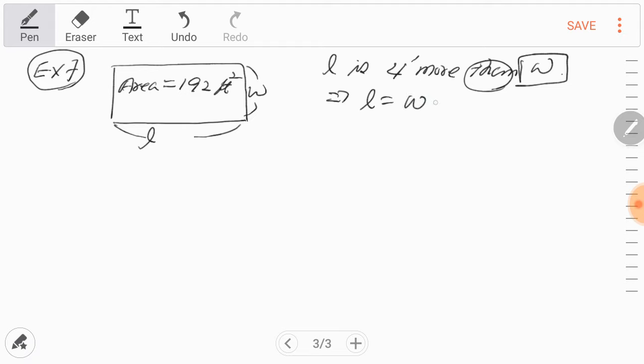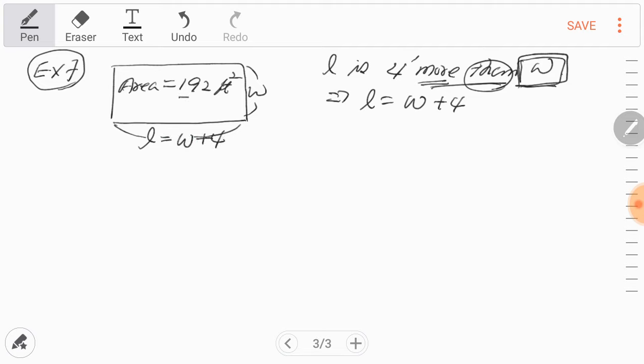So w plus 4. If this is less than, then it will be w minus 4. 4 minus w is different. 4 plus w is different. Always write the second part first, if this is more than or less than. So the expression for the length is w plus 4.